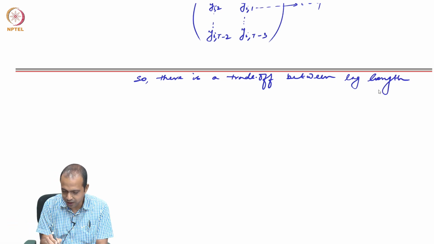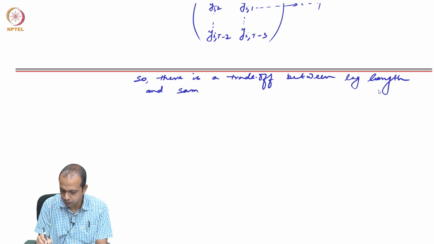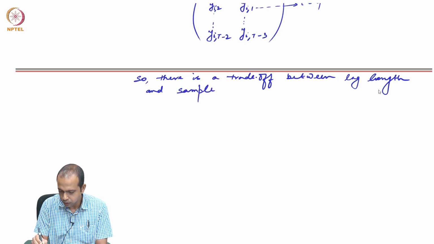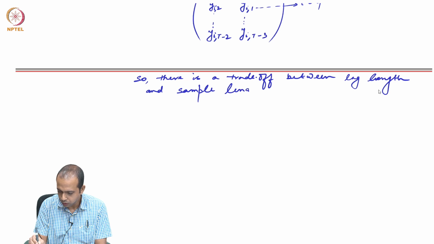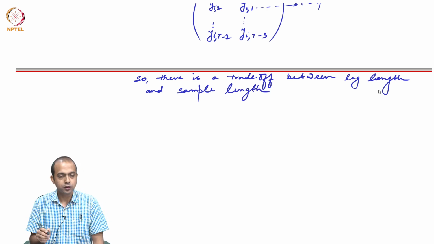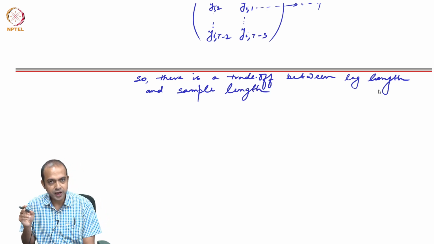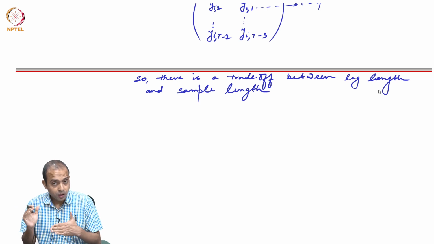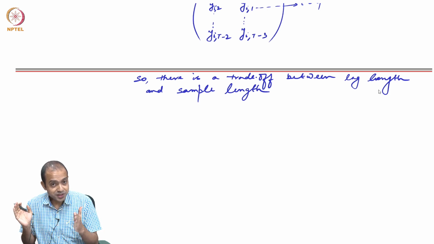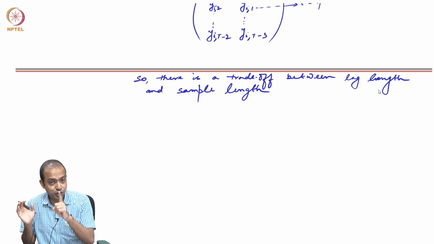If we use only YIT minus 2 as an instrument, then I have preserved sample length, the sample is not getting reduced, but the lag length is only 2.